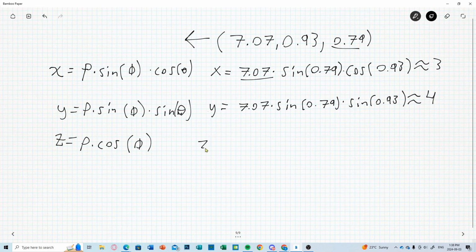And finally, to find our z, we're going to have it as 7.07 multiplied by cosine of our phi, which is 0.79, which will give us approximately 5.